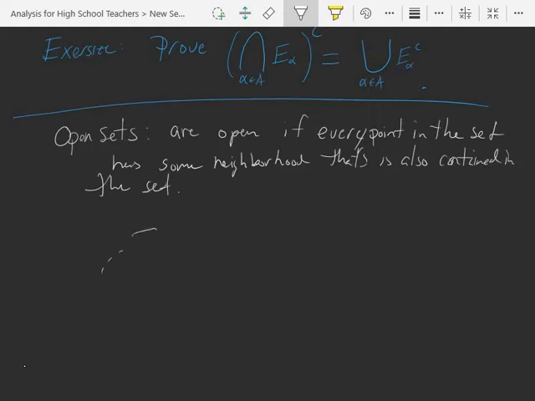Right. So if I've got this open set, I draw a point there, there's some radius, this is going to be some neighborhood around x with radius r, and our x is contained in E. If that's true for every point in there, I can find some radius, then the set's going to be open.